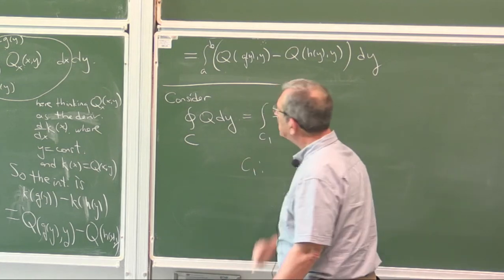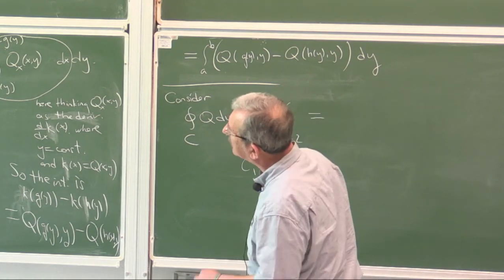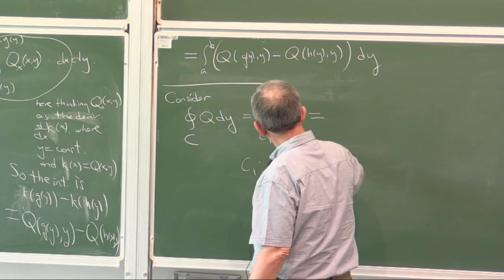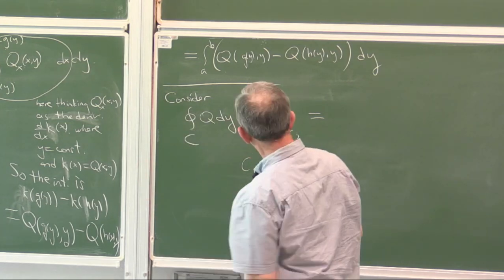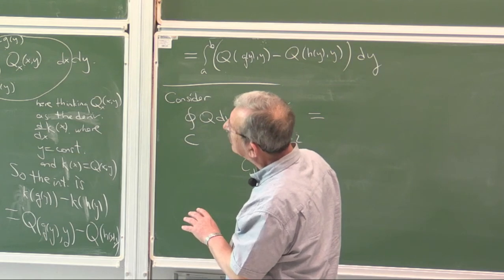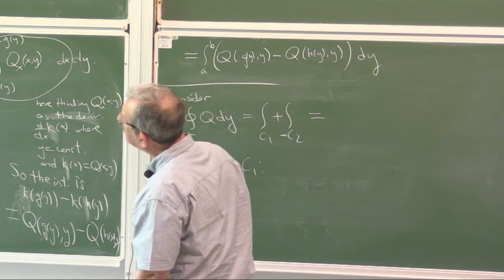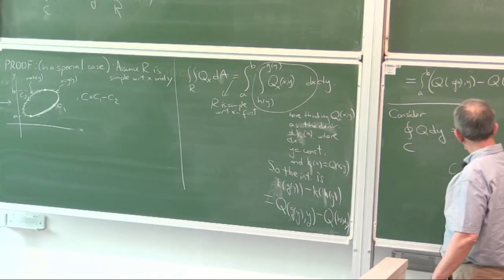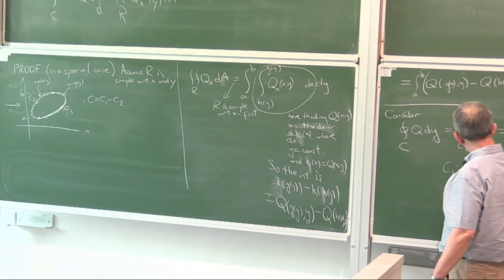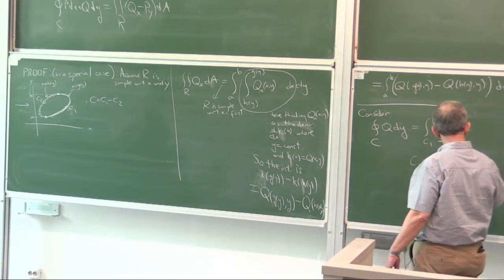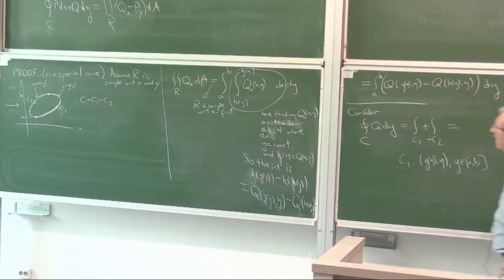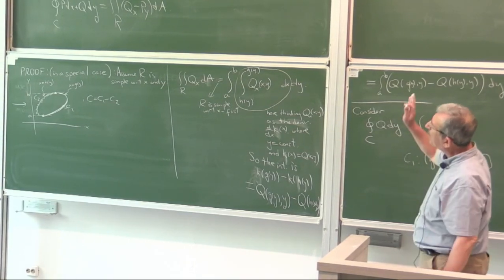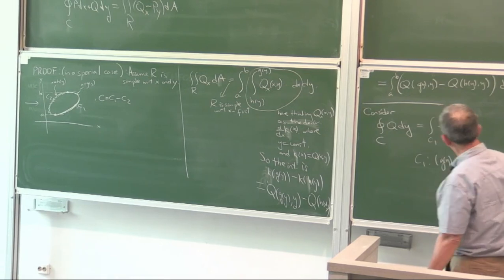For example, C1 can be parameterized very simply. So if we parameterize C1, y is the parameter. It is g of y, y, and y changes from a to b. The direction is still correct, because when y increases, we go up. So we move in the correct direction for C1.